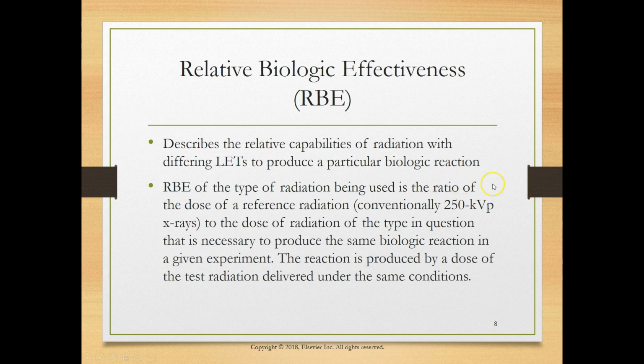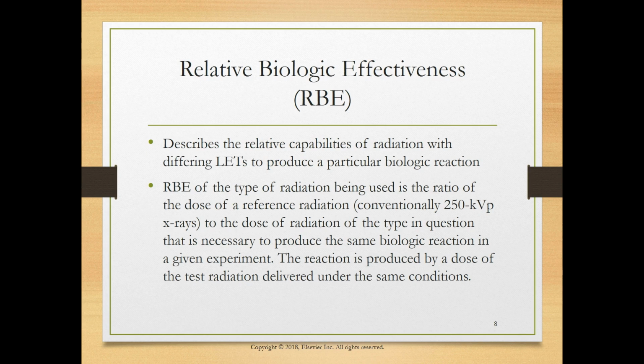So they had to figure out a way to say this amount of radiation of this type produces this effect. And since we have different types of ionizing radiation, they needed some way to determine how much is a bad thing of, for instance, a high LET like alpha particles compared to a low LET like X-ray.